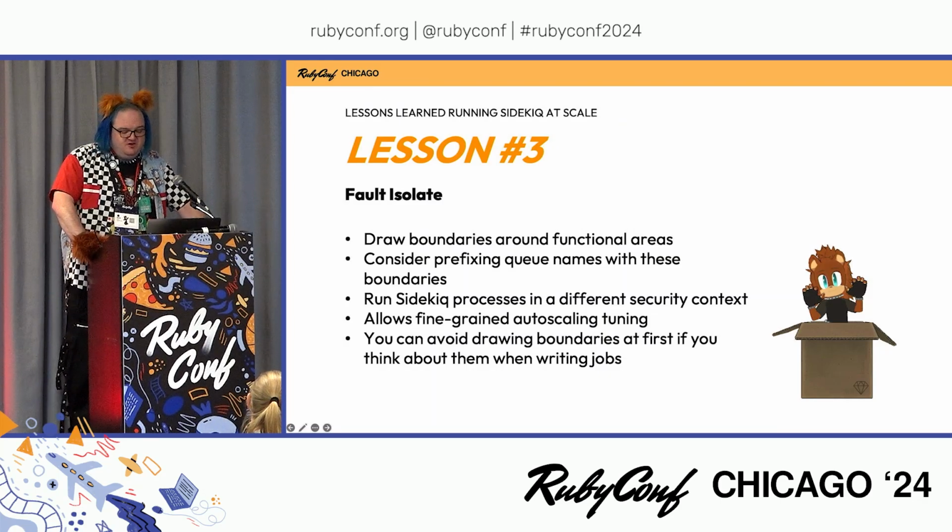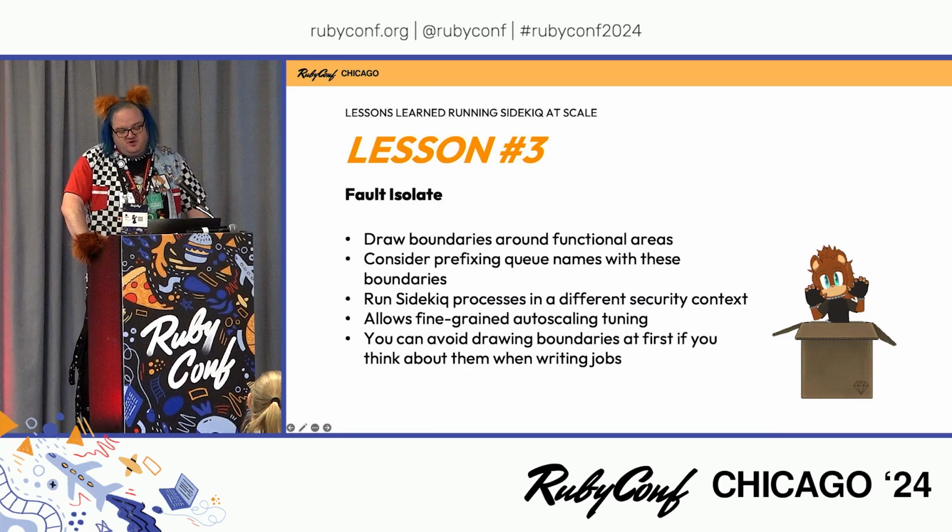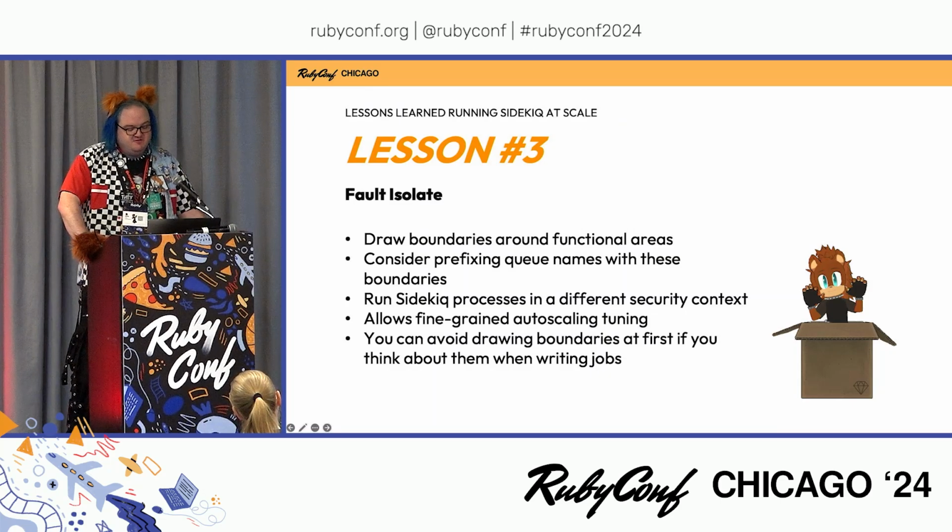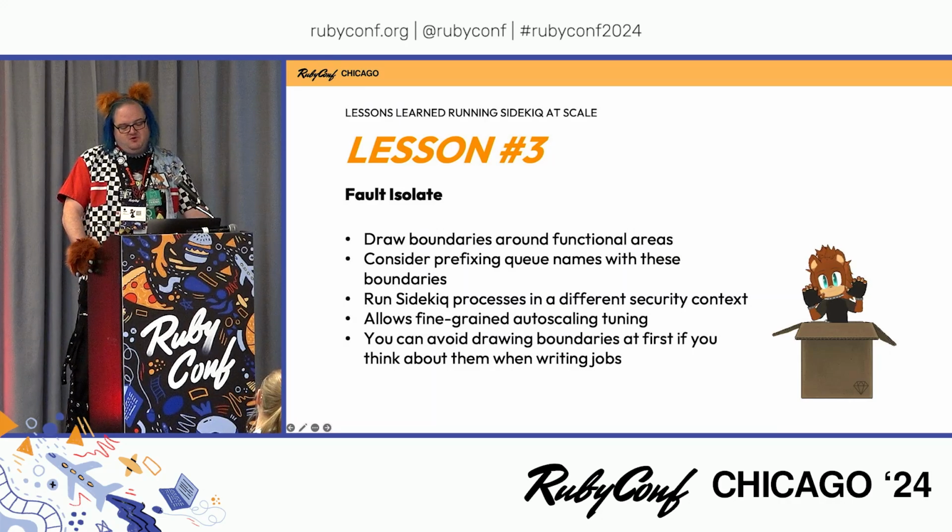You don't necessarily always do this, but this is a thing where you want to do that because these are typically going to be different Amazon ECS services that are all serving a different set of queues. And what you really want is for things to not necessarily be able to interact with each other.